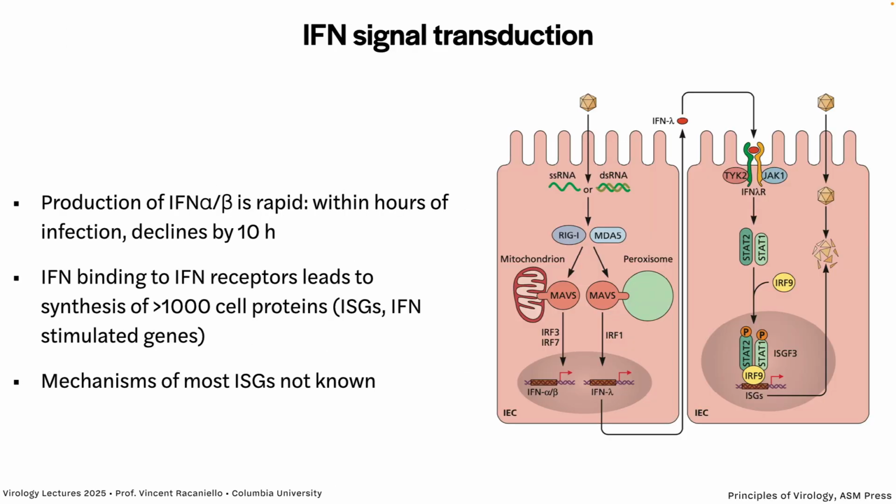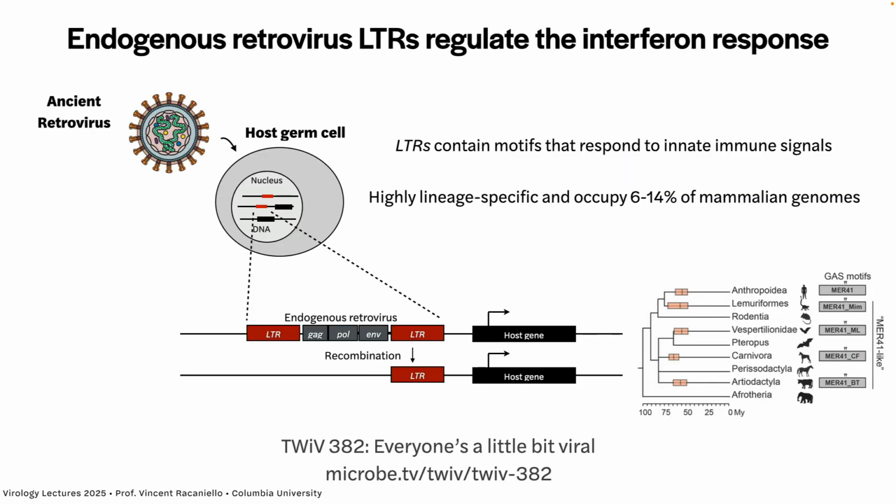The promoters that run these ISGs, some of them come from retroviruses. They're parts of endogenous retrovirus LTRs. There are a bunch of LTRs that contain motifs that respond to interferons, and they occupy about 6 to 14% of the mammalian genome. And so what has happened is, remember, hosts were infected many, many years ago by retroviruses. The DNA integrates into the host germ cell, so it's passed on.